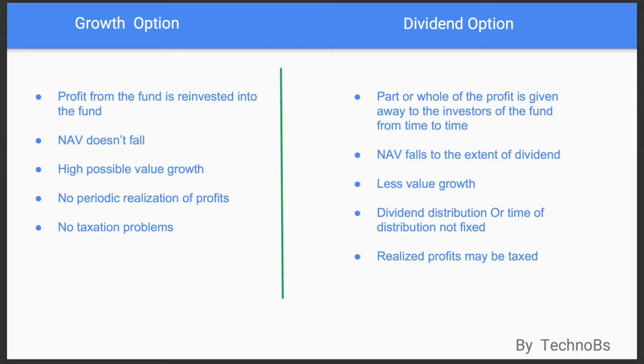However, if you have chosen a dividend option and the mutual fund company decided to give you the dividend today, what would happen is that $10 would stay in the fund, but then the $2, either let's say whole or maybe partially $1, would be given back to you as a profit.